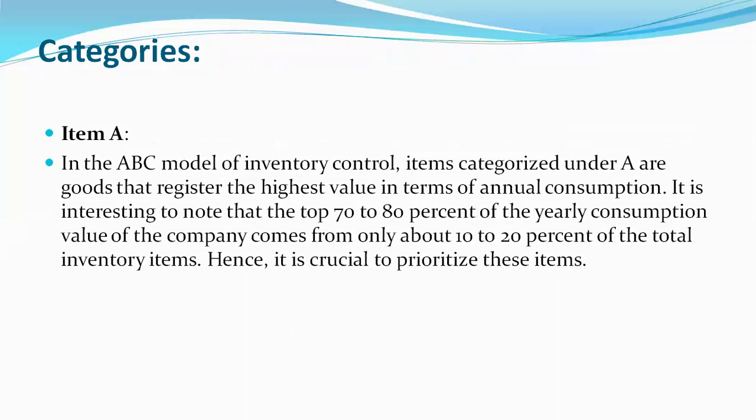A category consists of A class items, which account for 70 to 80% of the annual consumption. These basically constitute the direct supply of raw materials.